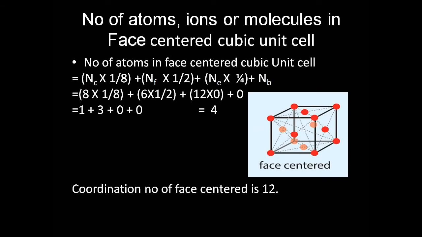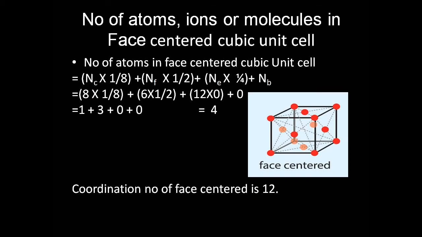Next, the number of atoms in face center cubic unit cell. First of all, see the diagram. In this diagram, each corner contains an atom and each flat surface, that flat surface is called a face, contains an atom. The center of each flat surface contains an atom. That means the contribution of face center is 1 by 2. How many faces? 6 faces.